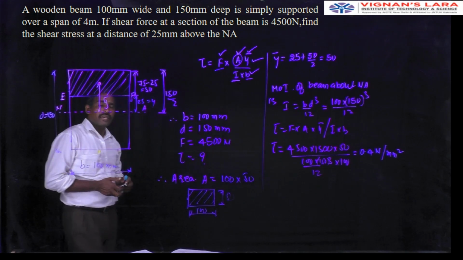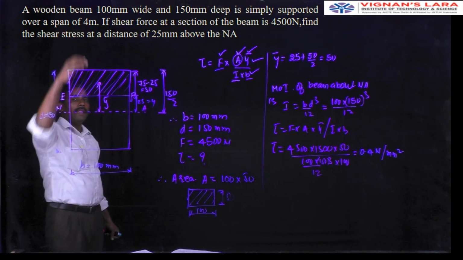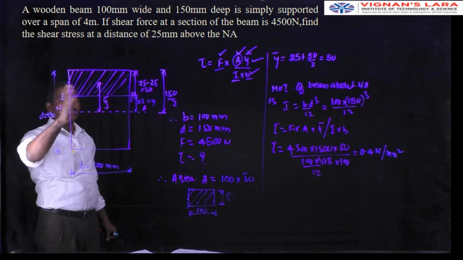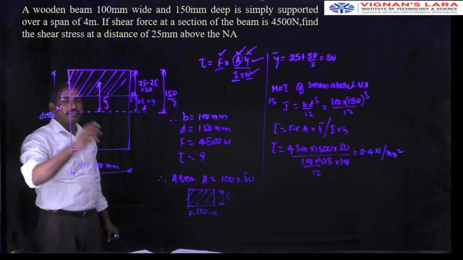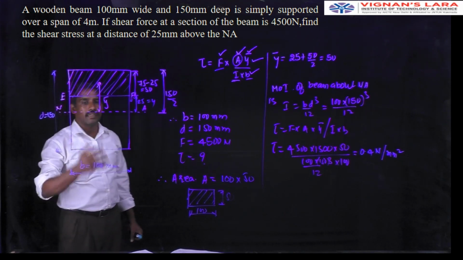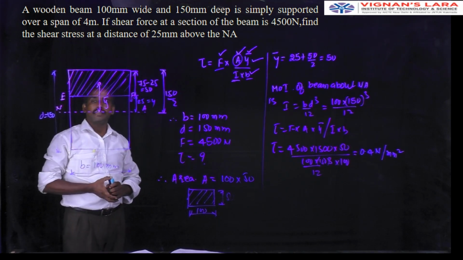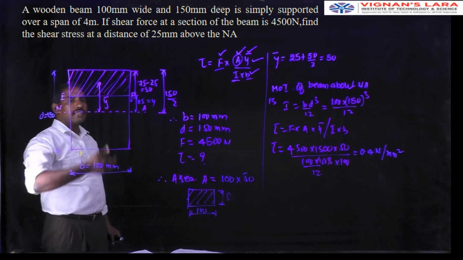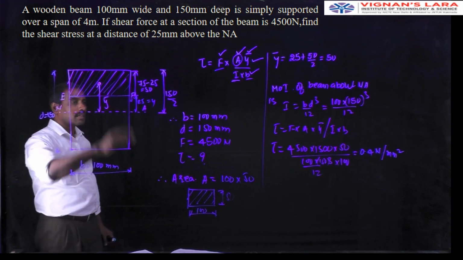Let us consider a simple typical problem, say a simply supported beam subjected to a uniformly distributed load over a span of 4 meters. We calculated the shear stress at a distance 25 mm from the neutral axis.